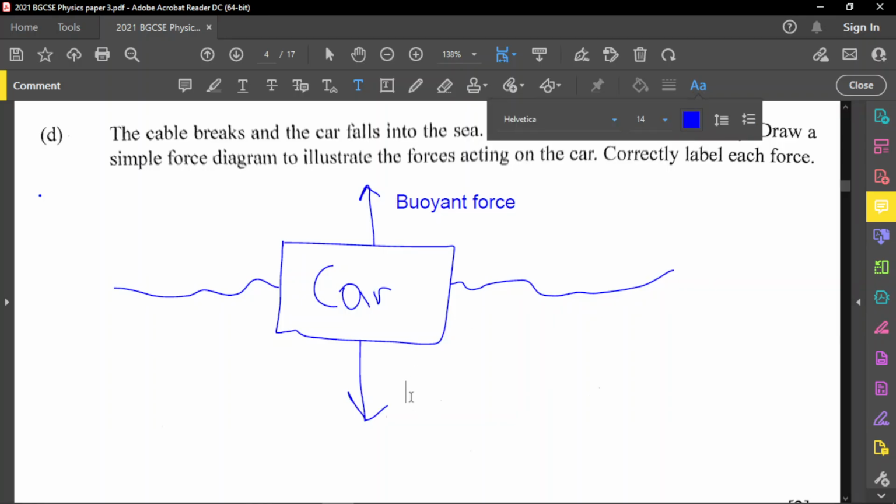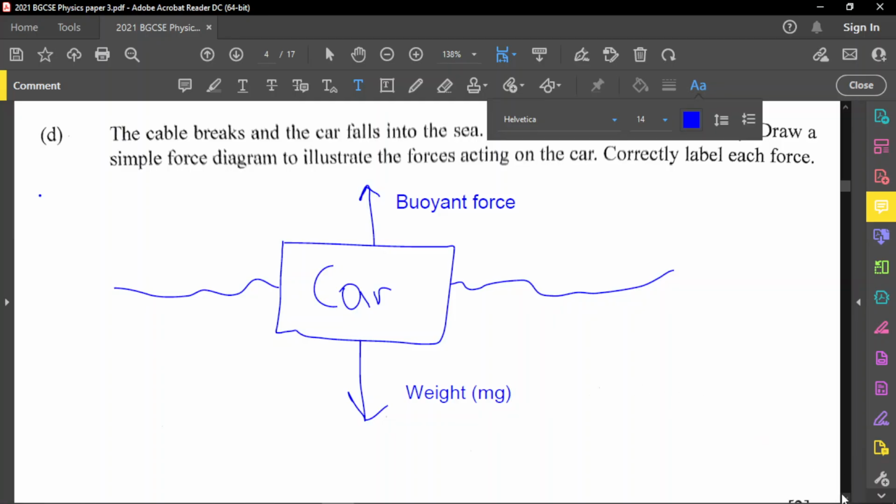And the one going down here is the weight of the car. For the weight of the car, you can also put in brackets mg. So you can put mg there. All right, so that will be our simple force diagram representing the 2 forces, and we properly label them.